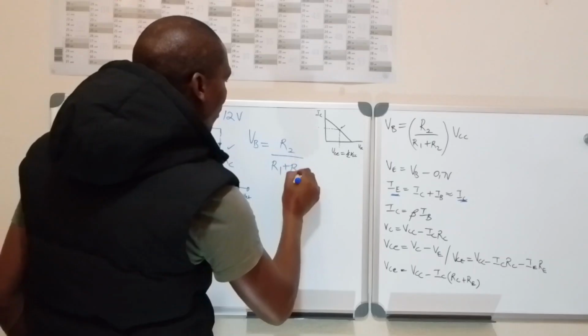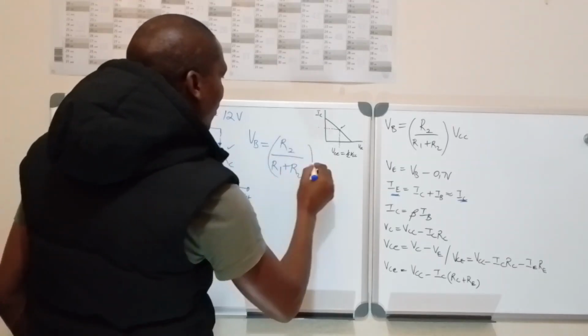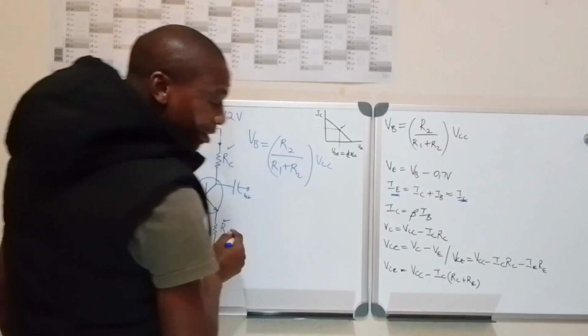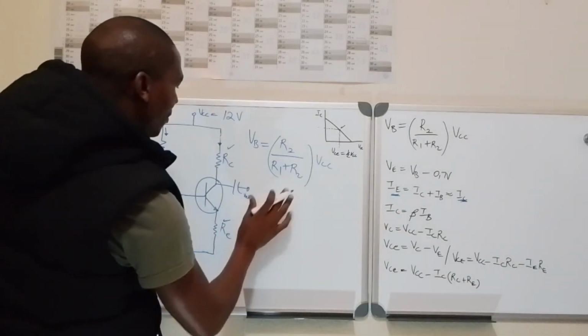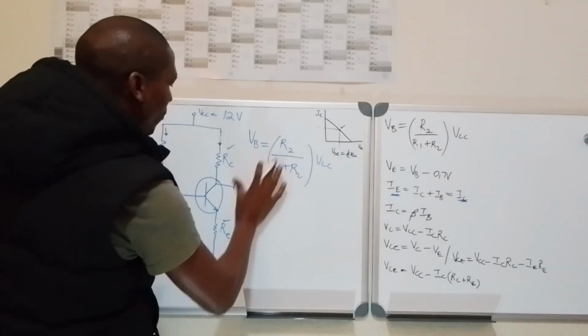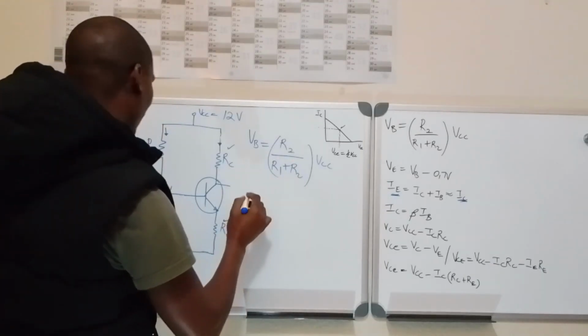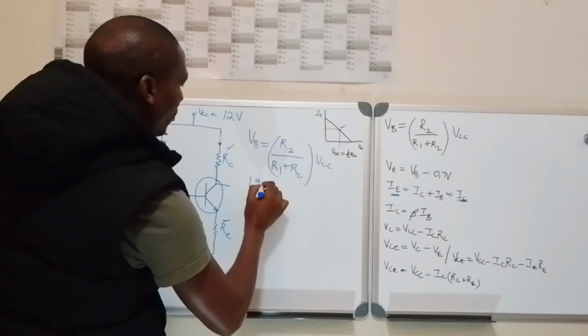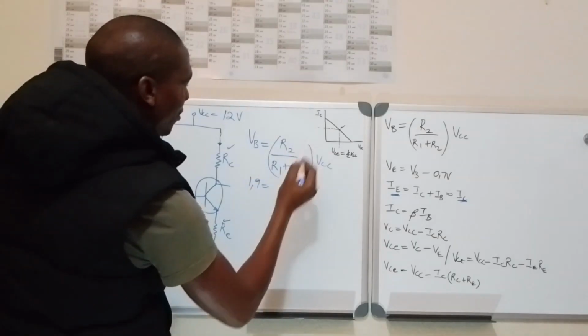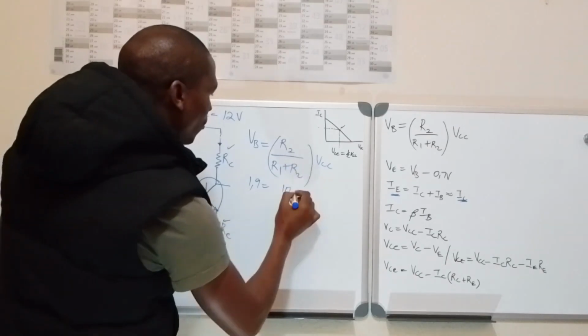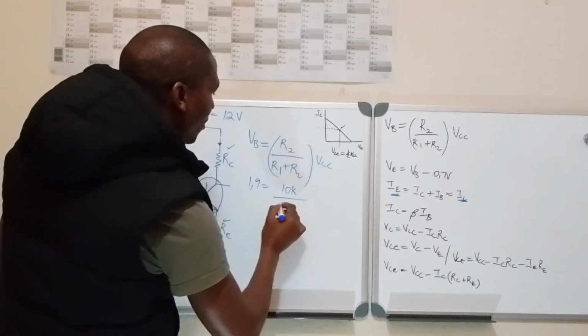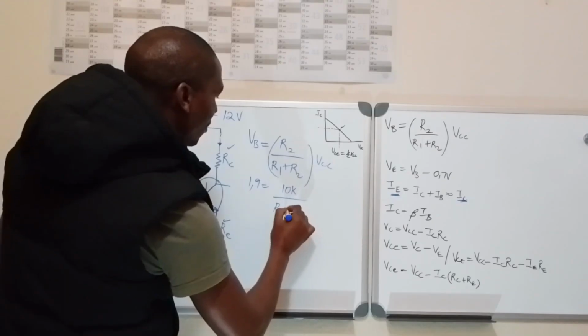Now we need R1 and R2, so we'll go with VB is equal to R2 over R1 plus R2 multiplied by VCC. We know that VB is equal to 1.9. Now we just assume that R2 is equal to 10k, or 10,000. Then we're looking for R1.